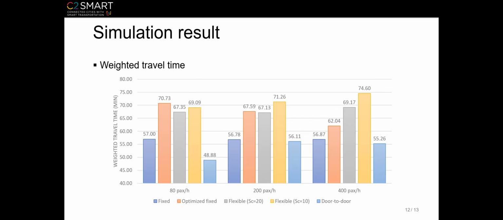And the weighted travel time is the shortest for the on-demand transit because it is the most personalized one.